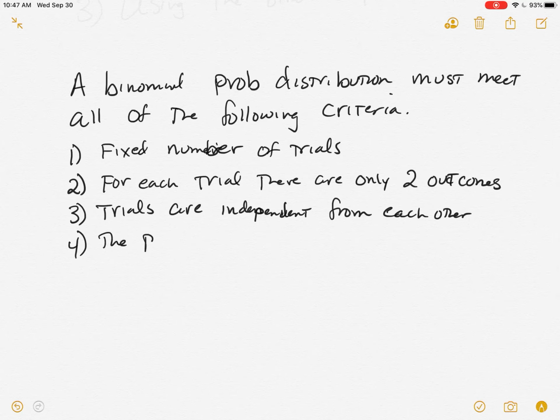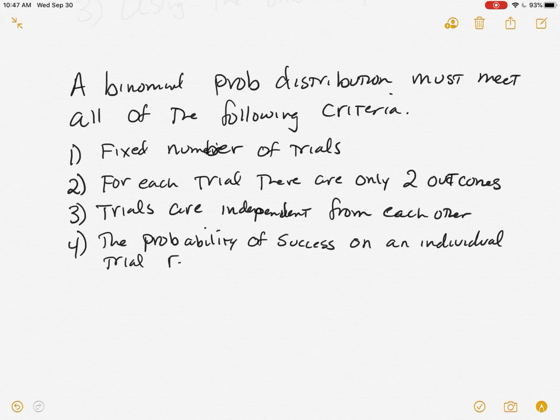The probability of success on an individual trial remains constant from trial to trial.